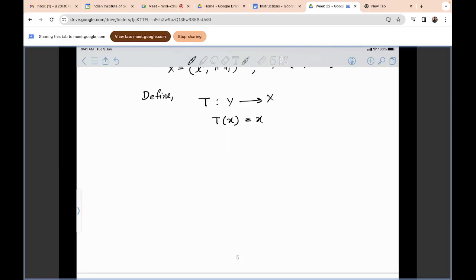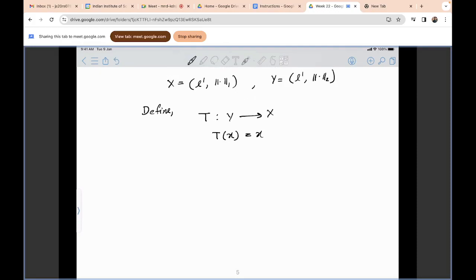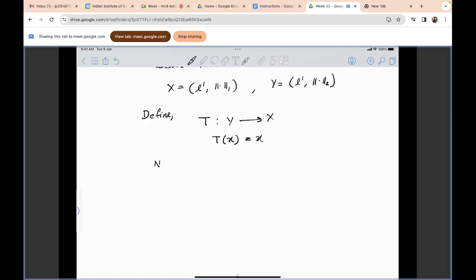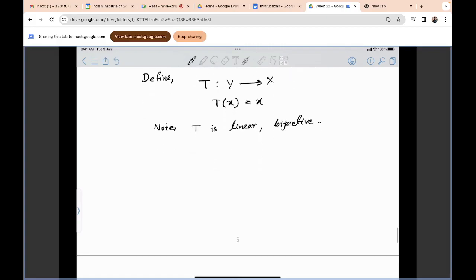So we will show that T is not continuous. Again, you can show that T is linear and bijective, as in option B. This is the same, because it is also the identity map.